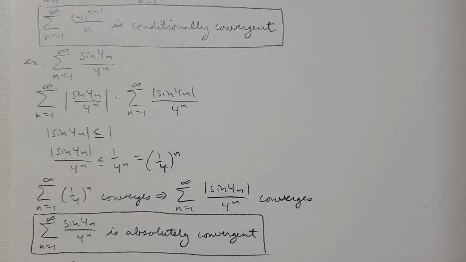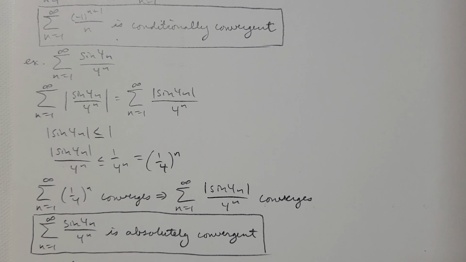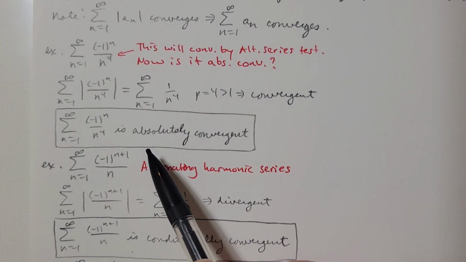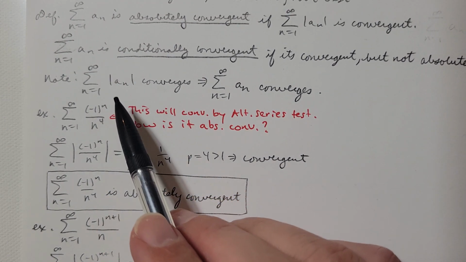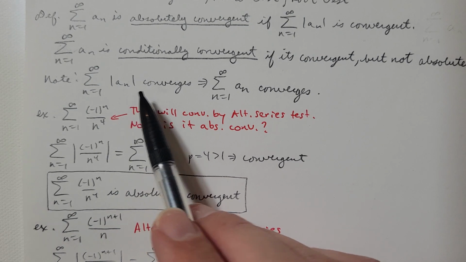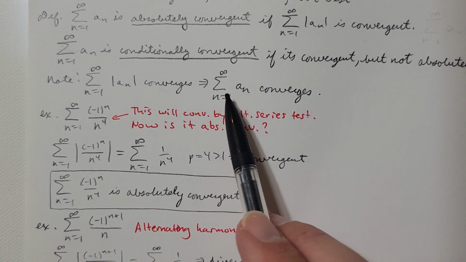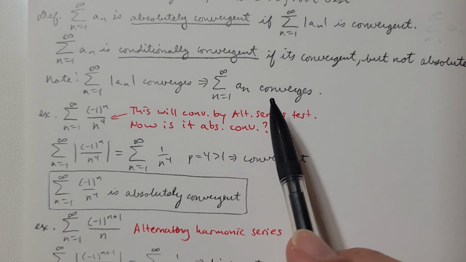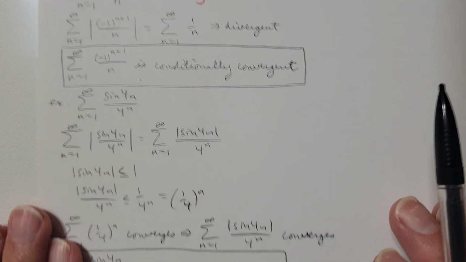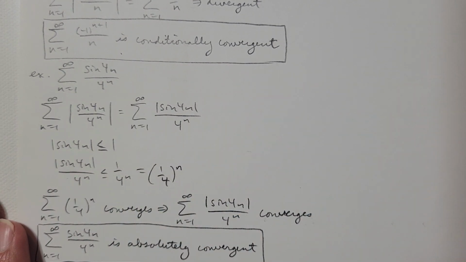If I throw on absolute value bars around the sequence part, then, again, why I'm doing that: if the summation of the absolute value of a sub n converges, then I know that the summation of a sub n converges.